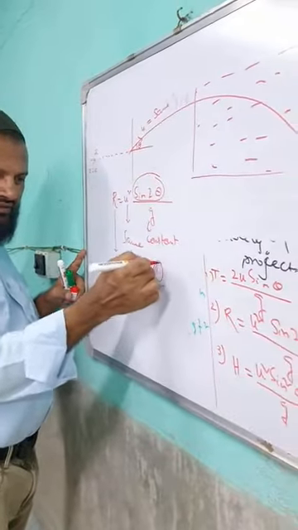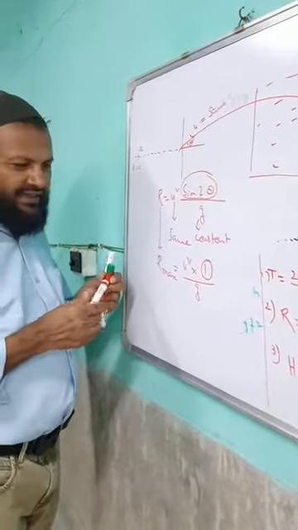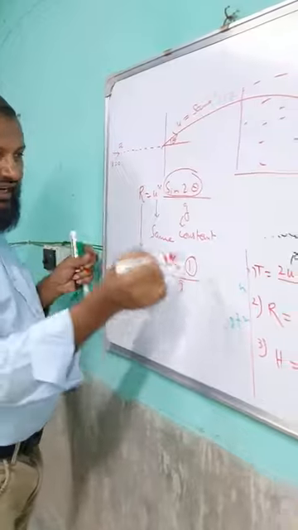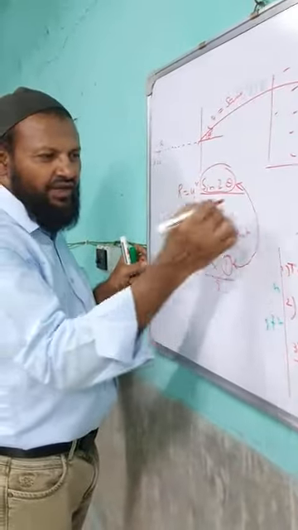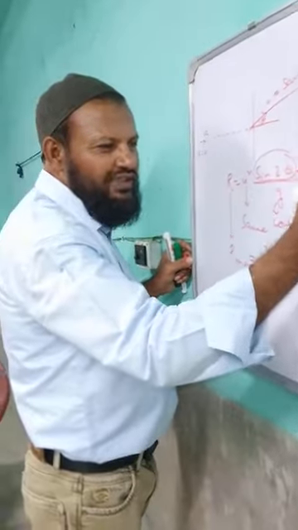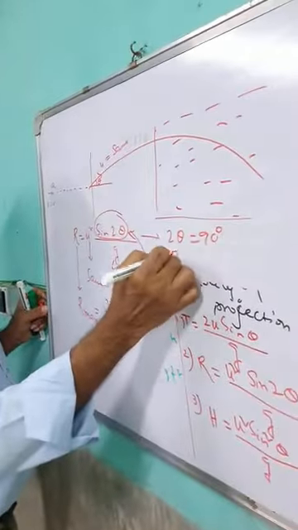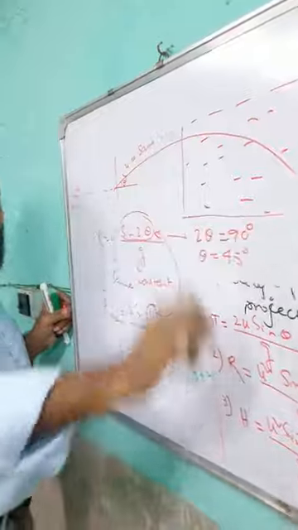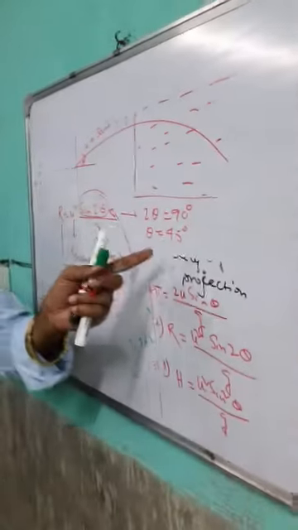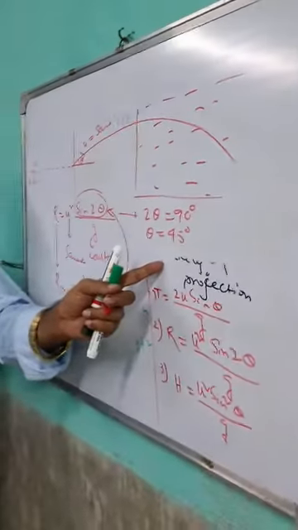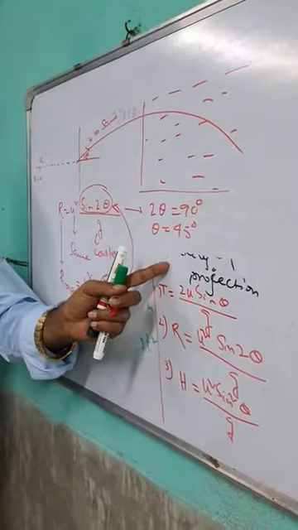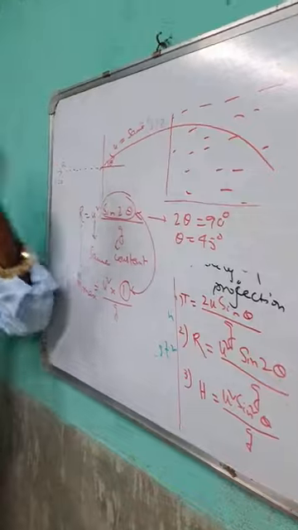When does it happen? It happens when sin 2 theta equal to 1. From here 2 theta equal to 90 degrees, theta equal to 45. What is theta? Theta is 45 degrees. Range will be maximum when the angle of projection is 45 degrees.